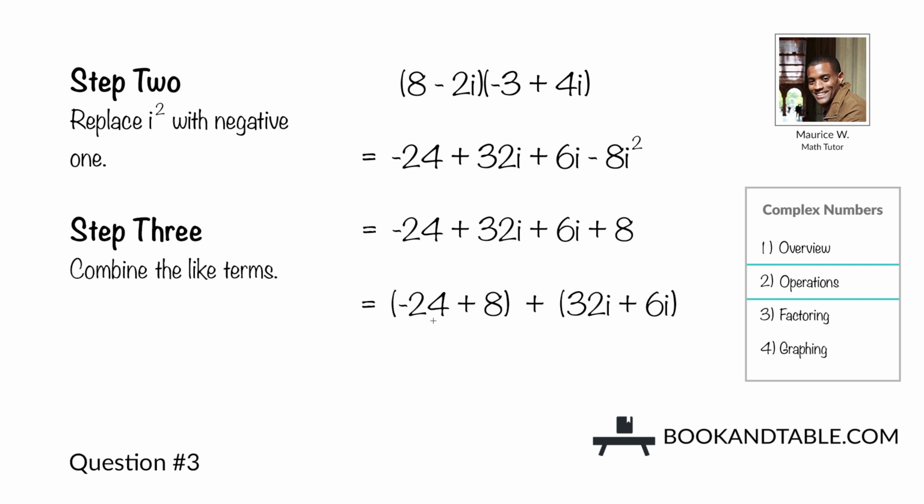So the final answer is negative 24 plus 8, which is equal to negative 16, plus 32i plus 6i, which is 38i. So we get negative 16 plus 38i.